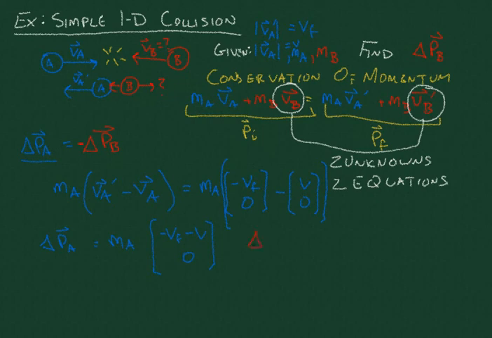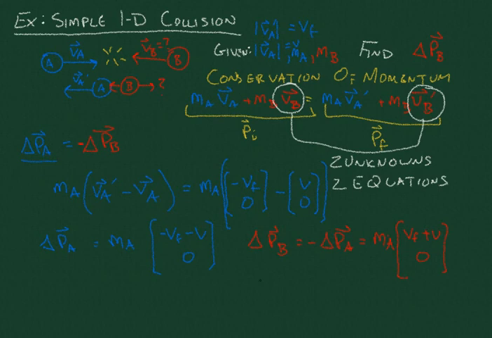So our change in momentum for B is minus our change in momentum of A, which is equal to mA times Vf plus V0.